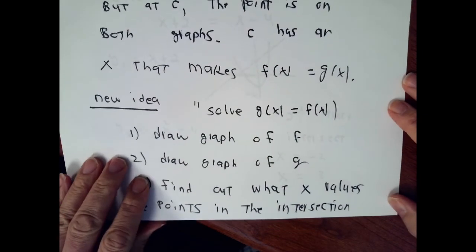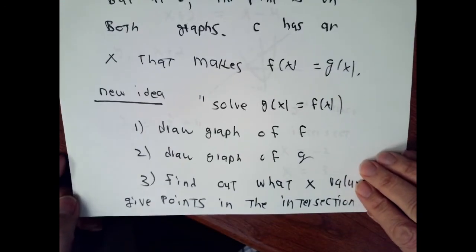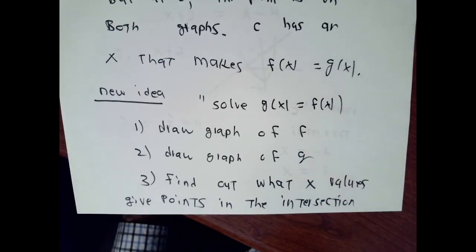So we're going to have a new idea. To solve g of x equals f of x, draw the graph of f, also draw the graph of g, find out the x values where they intersect, and you're done.